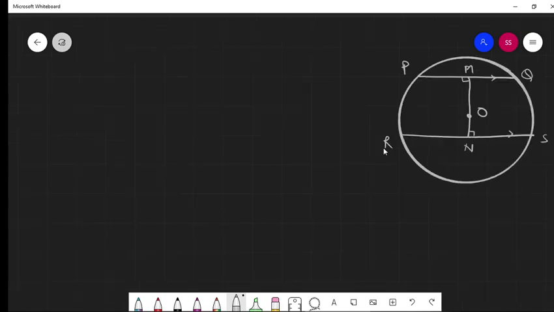Now we have to solve this. This is question number 9. Here we are given PQ and RS are two chords of a circle.